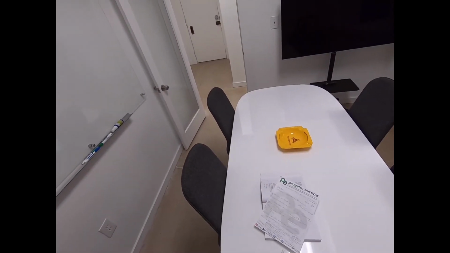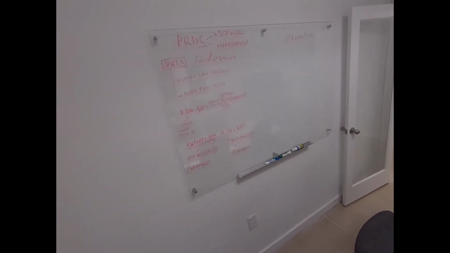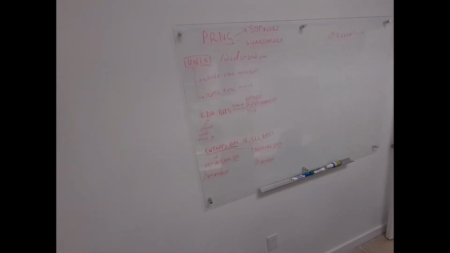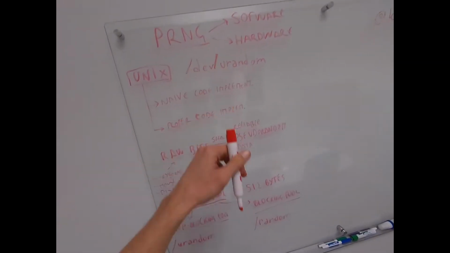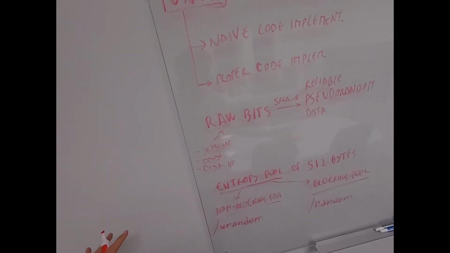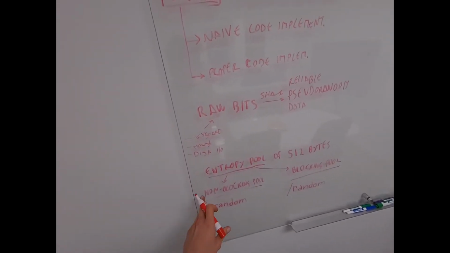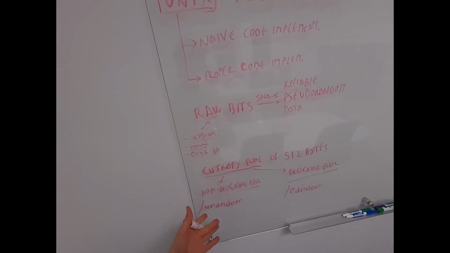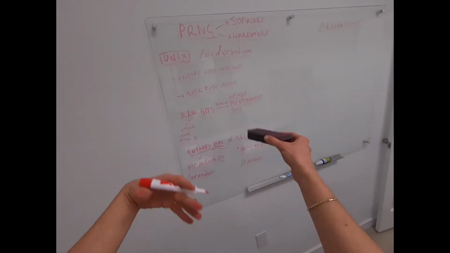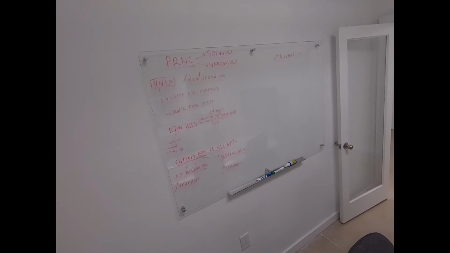The difference is that the non-blocking pool, whenever you read from it, will always return random bits. Nothing blocks this operation from giving you random bits.